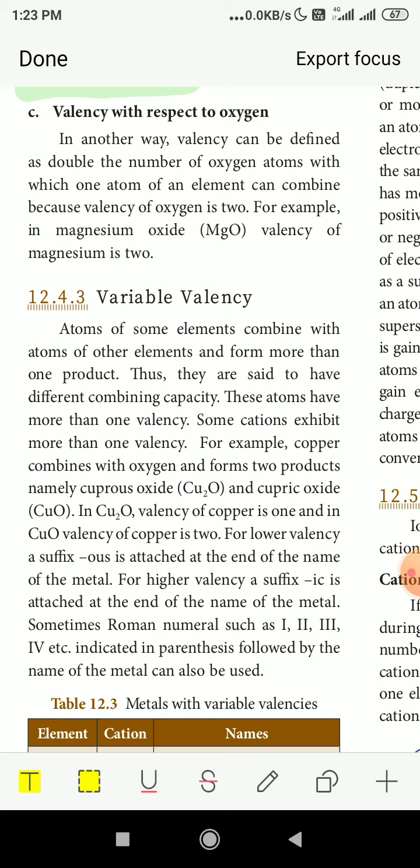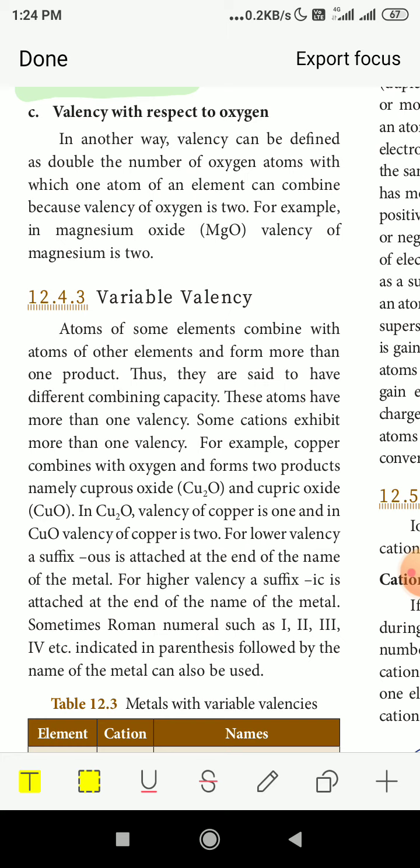For example, copper combines with oxygen and forms two products, namely cuprous oxide, Cu2O, and cupric oxide, CuO. One is cuprous oxide and one is cupric oxide.